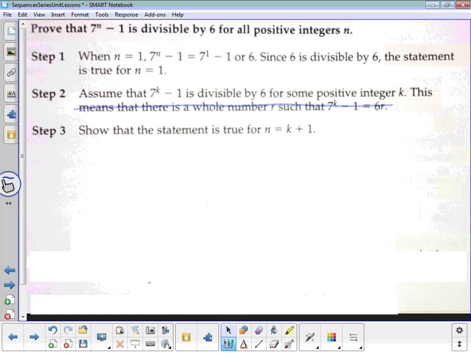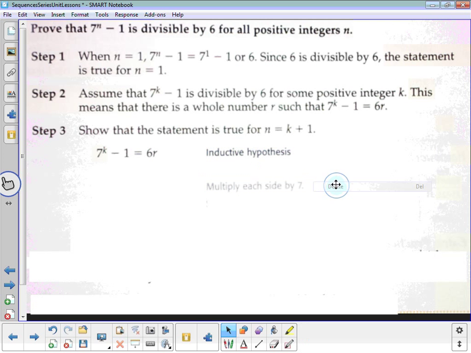Okay, so my next step, I need to go to 7^(k+1) minus 1. So I'm going to start with my inductive hypothesis, meaning I'm going to start with that equation, 7^k minus 1 equals 6r.